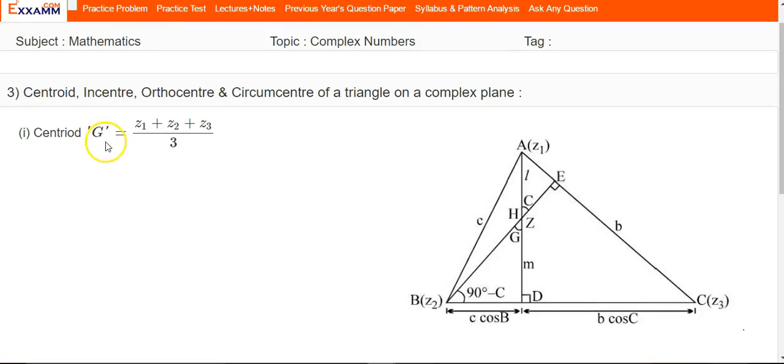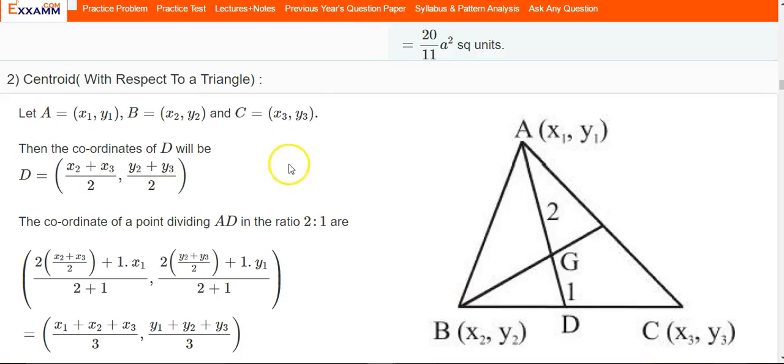Centroid, we know that centroid would be Z1 plus Z2 plus Z3 upon 3. Why I said we know? Because if we remember from coordinate geometry, the centroid with respect to a triangle ABC, whose coordinates were x1, y1, x2, y2 and x3, y3, was x1 plus x2 plus x3 divided by 3, and y1 plus y2 plus y3 upon 3.